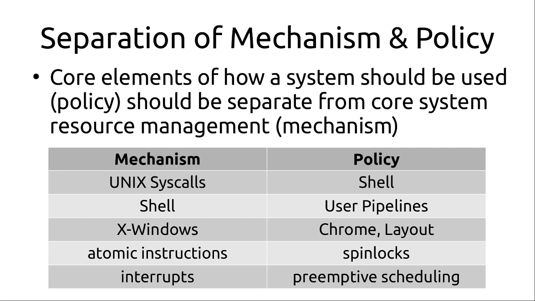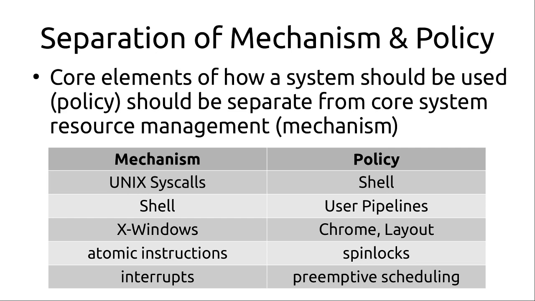If you have a composable API, then the policy might just be composing multiple functions and resources together to provide some higher level functionality. This again might be seen as, for instance, the pipelines within the shell, composing more complicated functionality from simple things. So some examples, and I really want to emphasize how this is kind of a layered system. An API at some level might be a mechanism to some policy, but that policy might expose an API that is treated as a mechanism to one of the higher levels of the system.